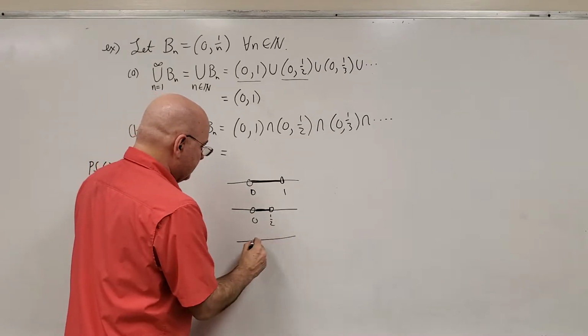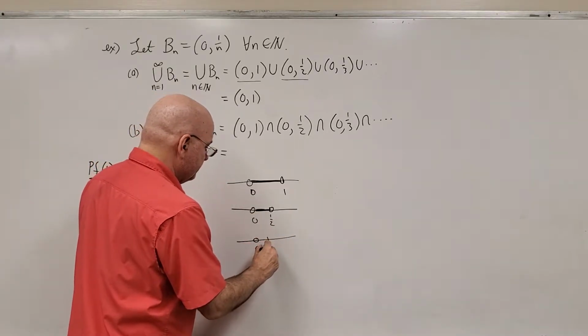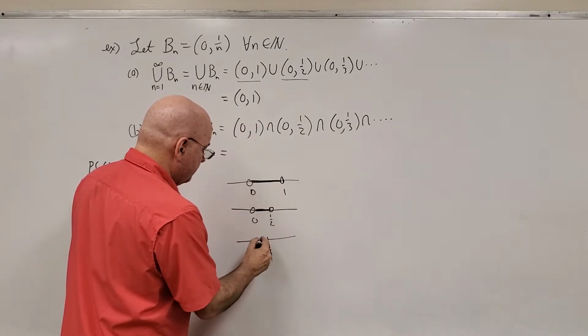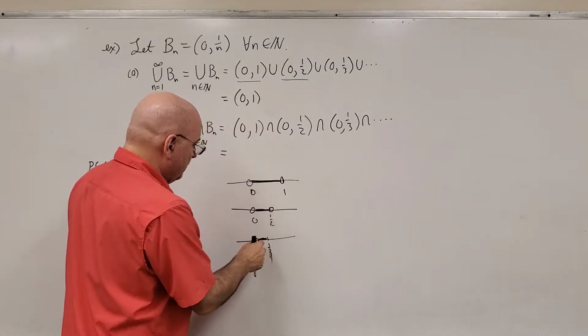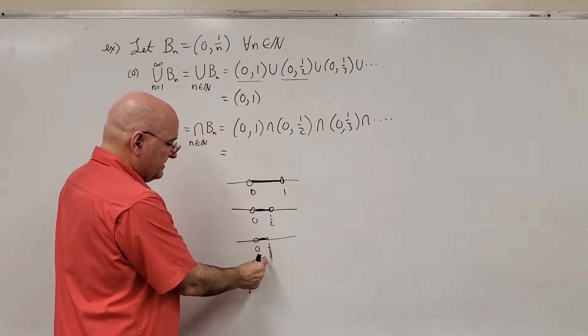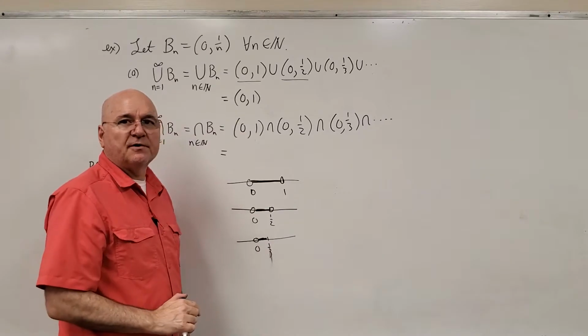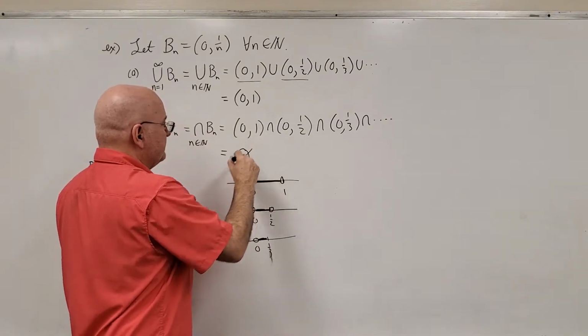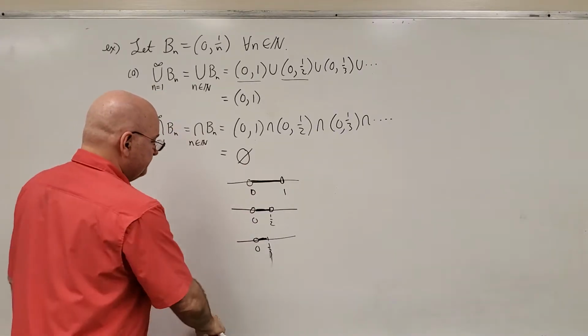And then when I intersect that with a smaller set, 1 third, the intersection of all these three sets is just this one. And notice it's shrinking smaller and smaller. So hopefully it's easy to see that there's no element that's in all of those sets.